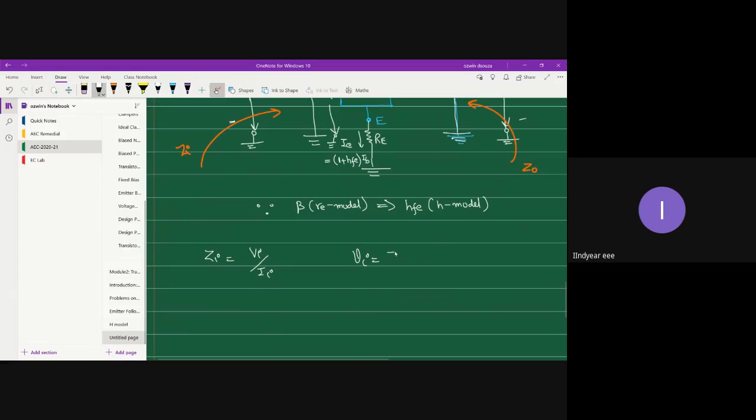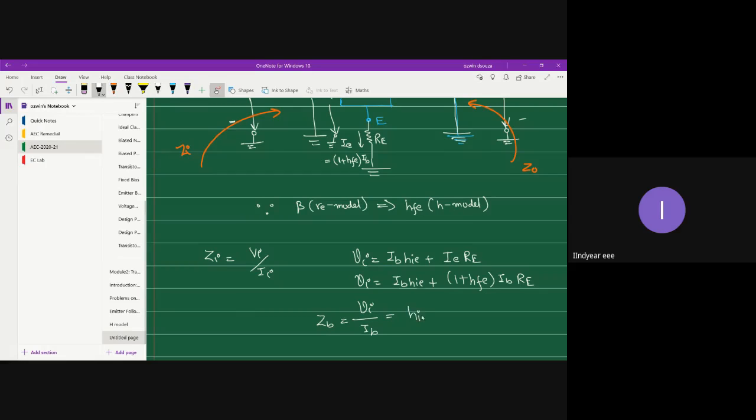That's IB into HIE plus IE into RE, or IB into HIE plus 1 plus HFE into IB into RE. Take out the ratio VI by IB and define this ratio as the base impedance ZB.